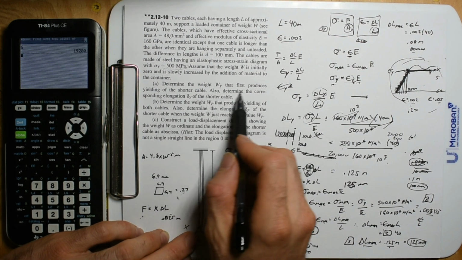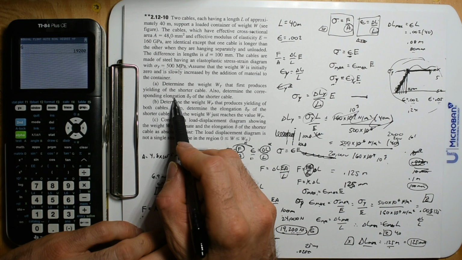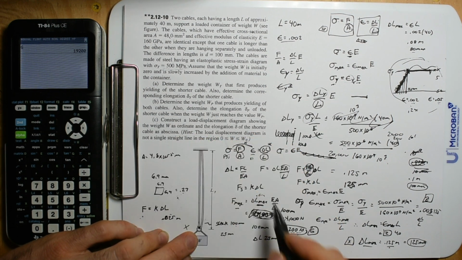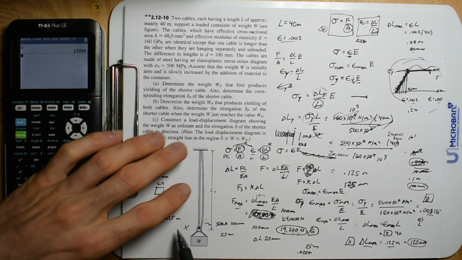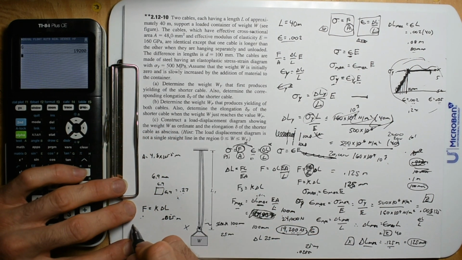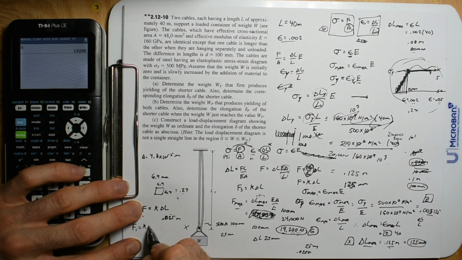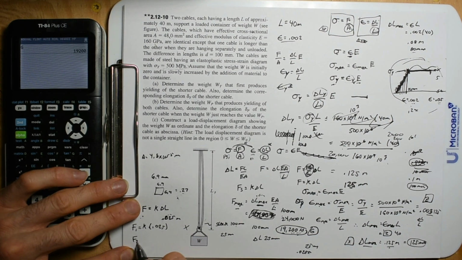When that first cable produces yielding, what's the force? Well, each of those cables is going to have to take the 25. So we're going to say force in cable 1 is K times that change in length, 0.025. Force in cable 2 is K times 0.025.